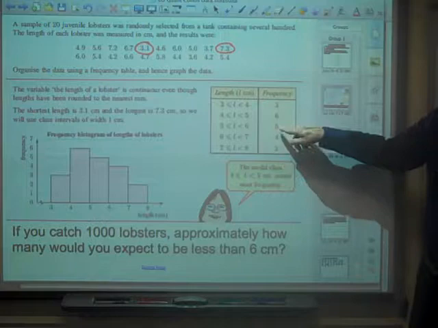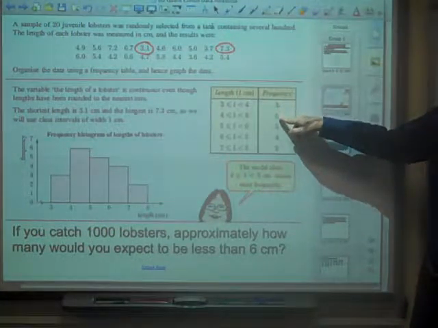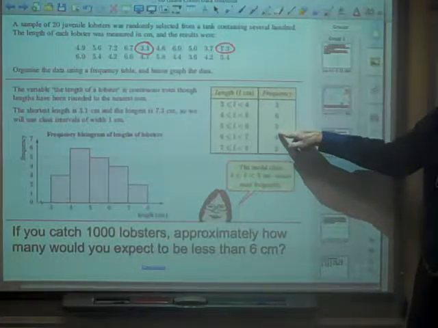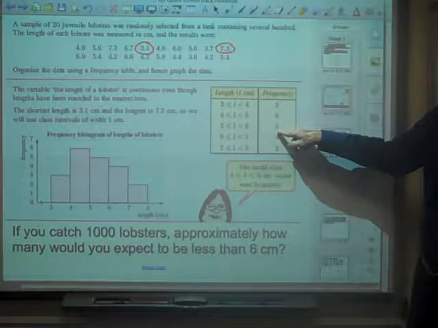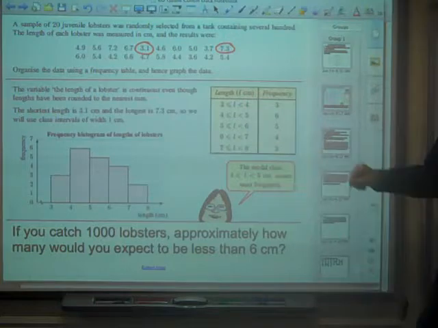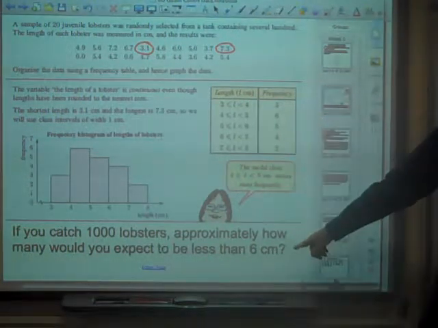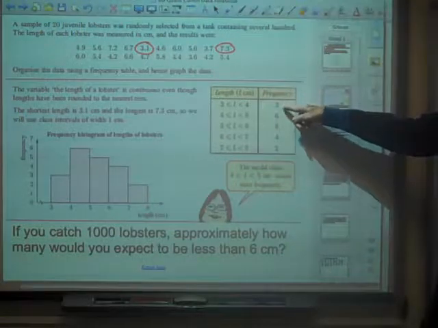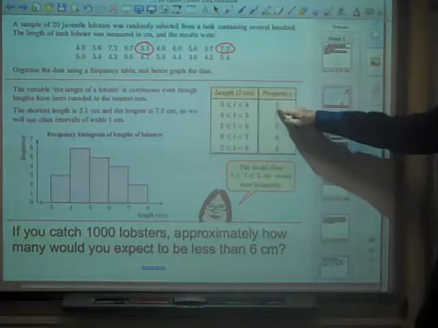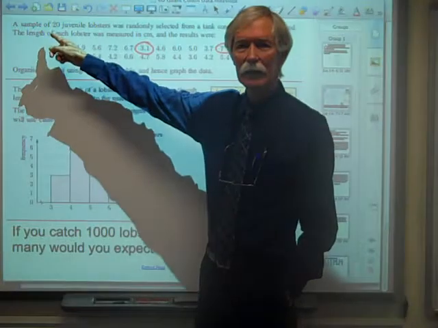Are these guys less than 6 centimeters? Are those? Are these? Yes. Are these? No, these start being 6 or more. So out of just this sample, how many were less than 6 centimeters? 11, 12, 13, 14. 14 out of 20.